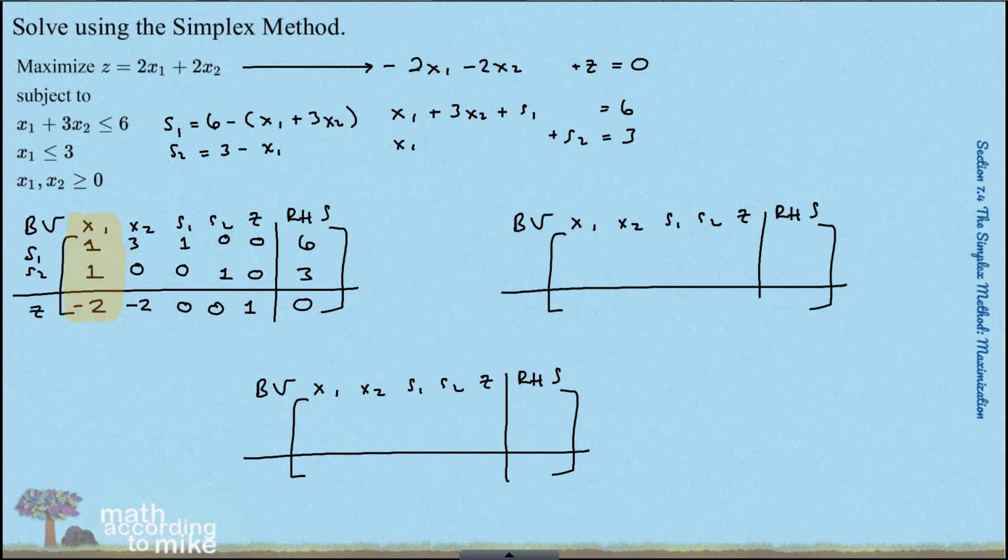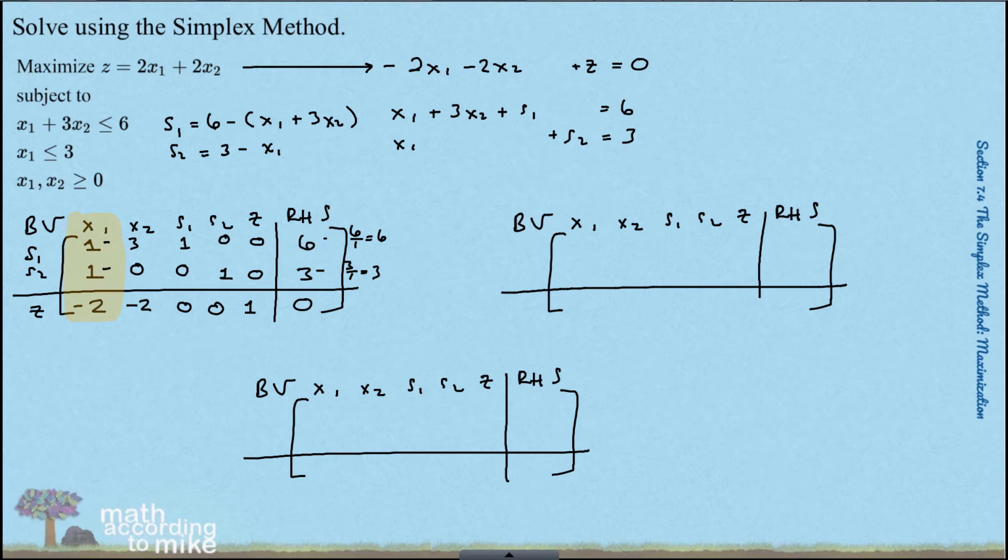Now you take the positive entries of the pivot column and divide them into the right-hand side. So this one into 6 makes 6 over 1, which is 6. And this one into 3 makes 3 over 1, which is 3.